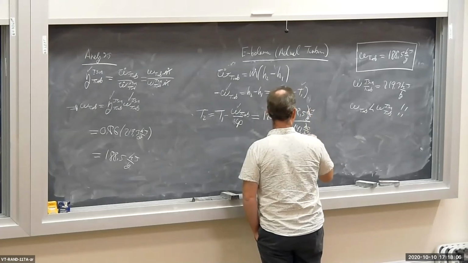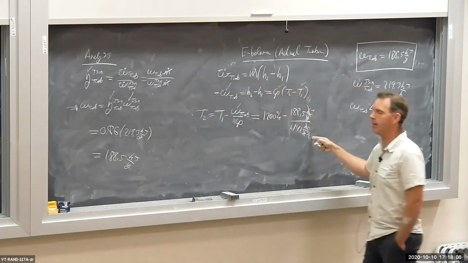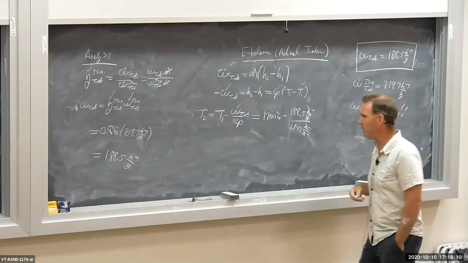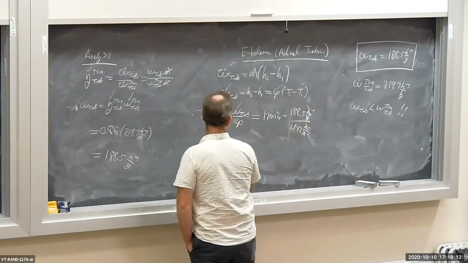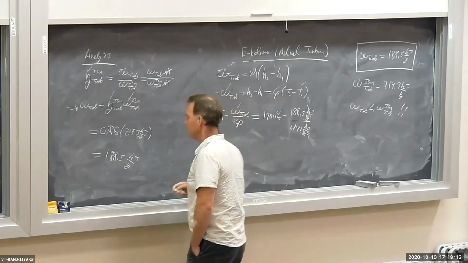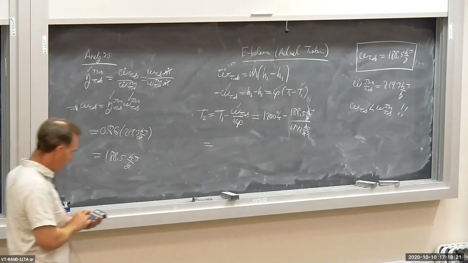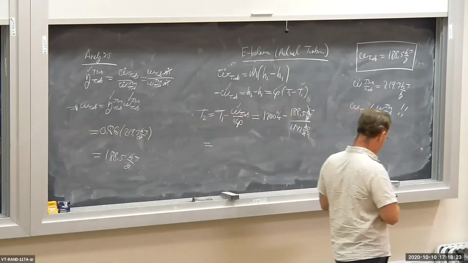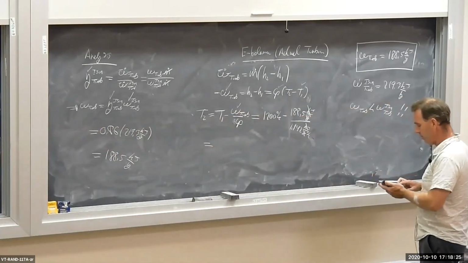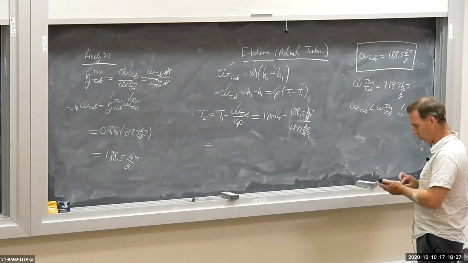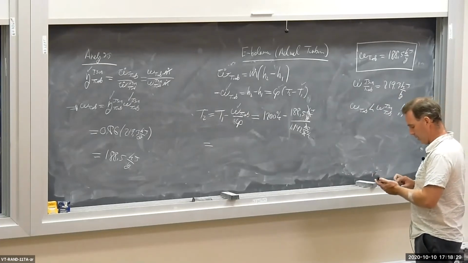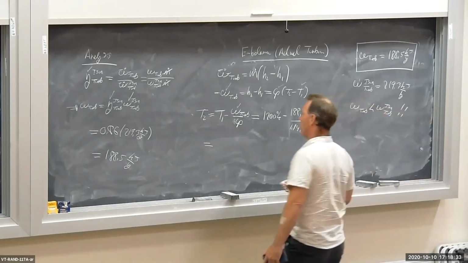The kilojoules and the kilograms cancel out, and the degree Kelvin goes on top. Let's crank it out. 188.5 divided by 1.142, and I get 1,034 degrees.